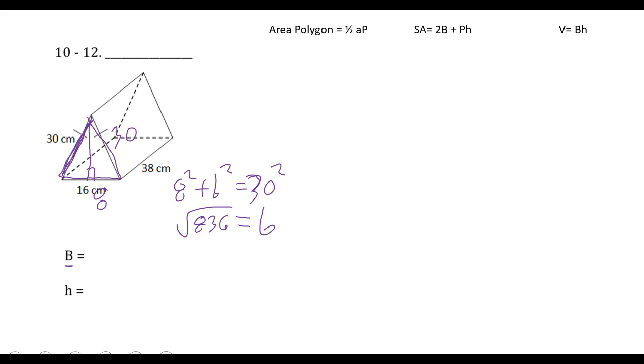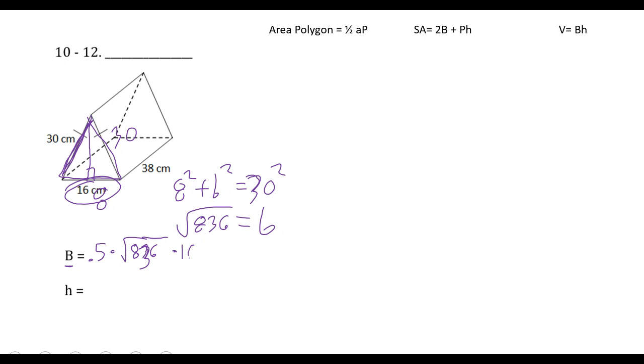All right, so it should be, the base is 0.5 times, or 1/2 times, or base times height divided by 2. Looks like the height is 8 square root of 836, and then the height looks like it's, or sorry, that's the height, my bad. And then the base looks like it's 16, right?